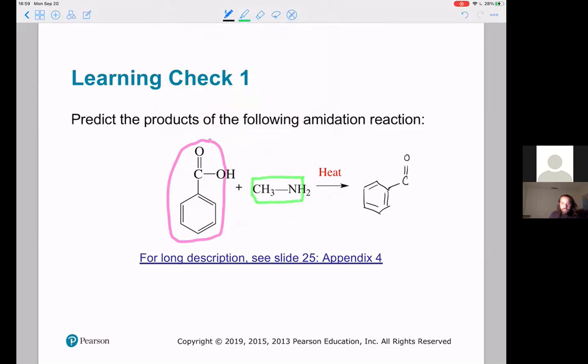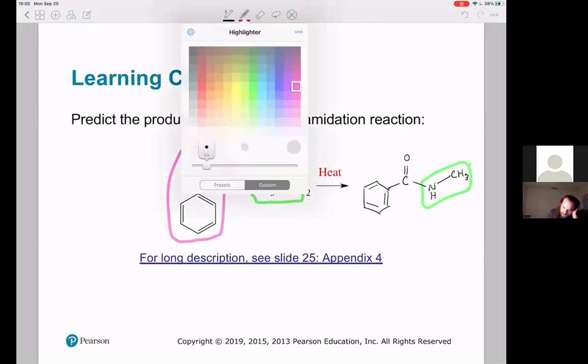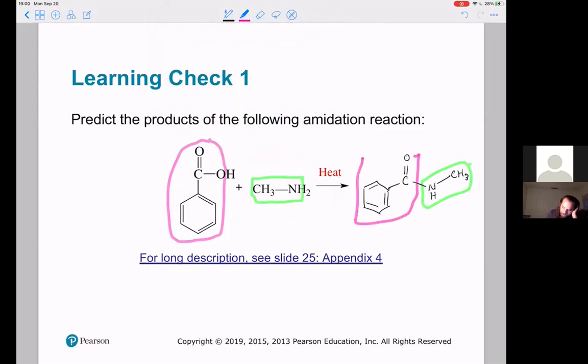That nitrogen is going to lose one hydrogen, so it will keep one of them, and then the other gets replaced by that carbonyl carbon bond. So this corresponds to what was formerly my amine, and this corresponds to what was formerly the carboxylic acid. Being able to predict these products is going to be an important part of this chapter.